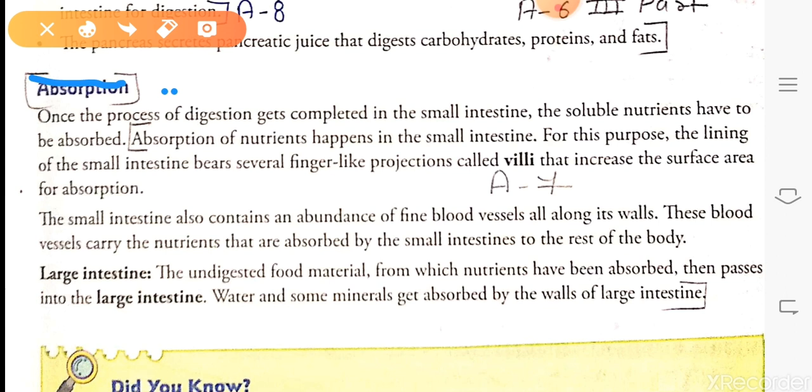Next, where and when does absorption take place? The process of digestion is completed in the small intestine.